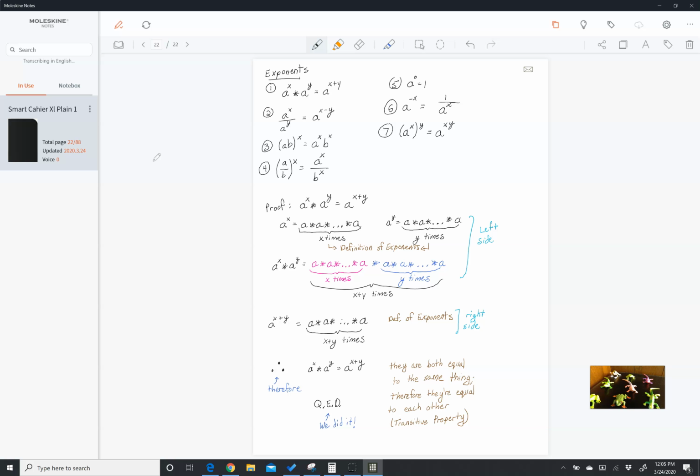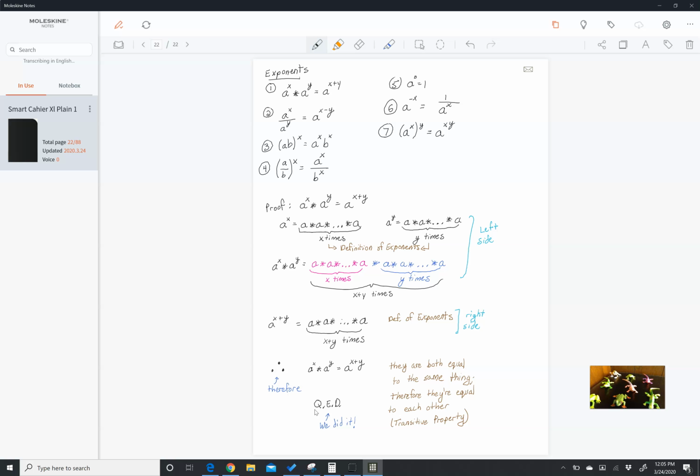So in Latin, that's what it is. It's saying, we did it, we finished. And it's another way to indicate to people that, okay, this is the end of your proof. So you have your therefore statement here. Therefore, a to the x times a to the y equals a to the x plus y. But then this is like your celebratory message.